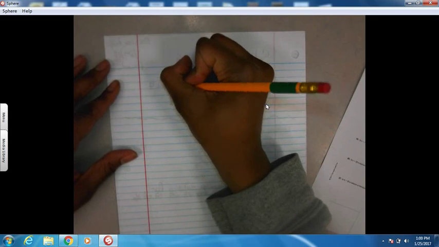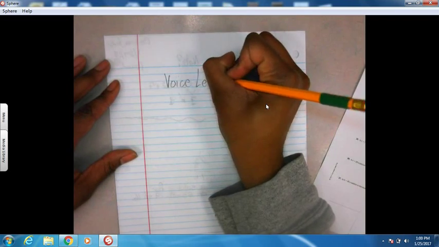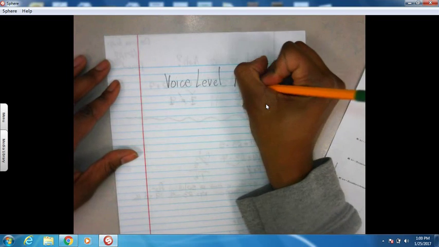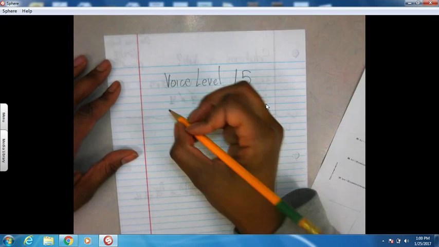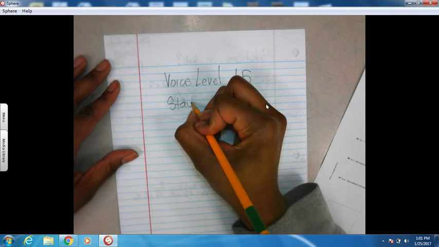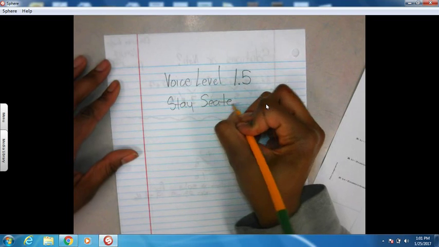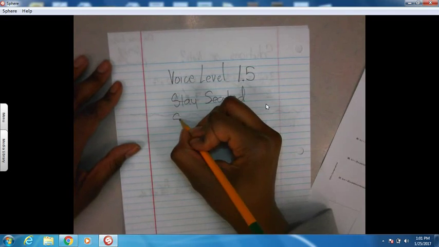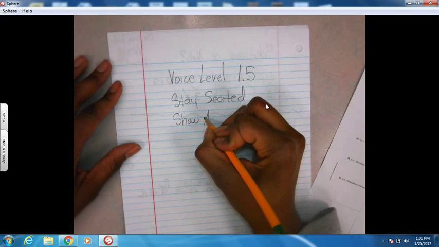You should have a voice level 1.5. You need to stay seated. And if you have questions, you need to ask a neighbor. And you also need to show all work.